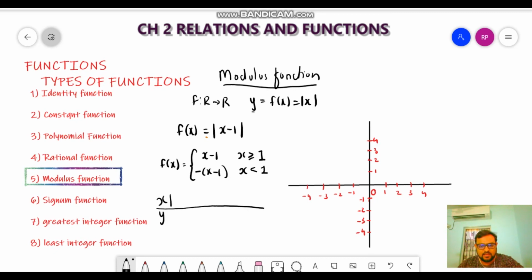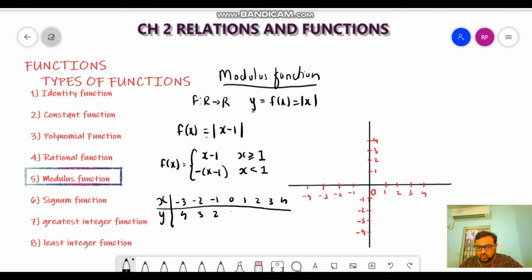Now see, when I take different values of x and y, let's take minus 3, minus 2, minus 1, 0, 1, 2, 3, 4. Clear? Now, when it is less than 1, I have to take minus of x minus 1. So minus 3 minus 1 is minus 4, and minus of minus 4 is plus 4. Minus 2 minus 1 is minus 3, so plus 3.